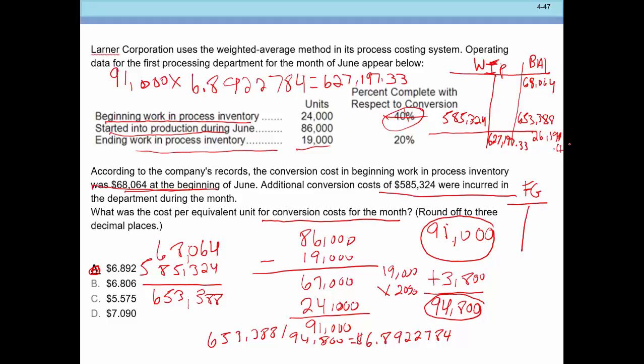Guys, this is debits and credits right here. All I did was I had a beginning balance of 68,064. I added 585,329. I got 653,388, right? Okay. Then I simply went ahead and I now figured out the cost of the items that I transferred out, which is 627,197.33.